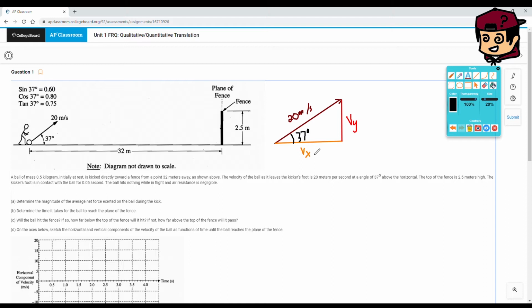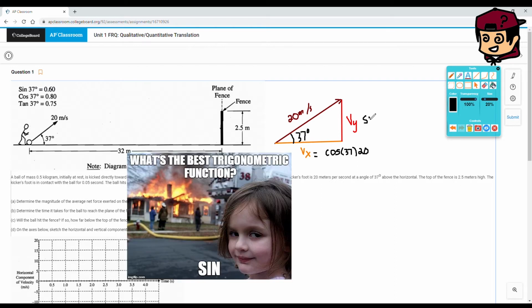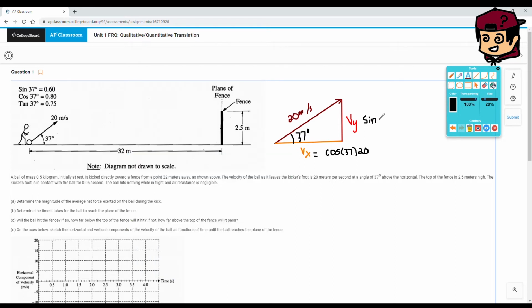We can write that down right now. Cosine 37, and this is sine 37. Alright, awesome. Now let's get on to the question.